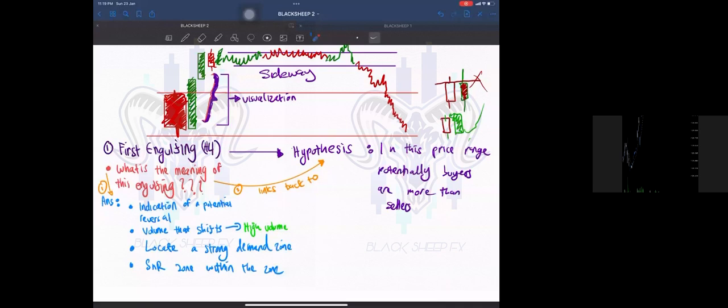So now I want to test you guys. Use logic. So when we are able to draw engulfing zones, how do you think we are going to determine whether the zone is super strong or super weak?